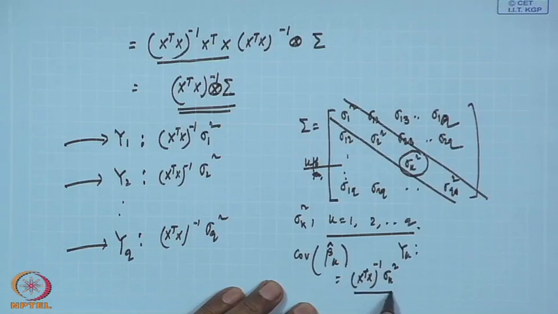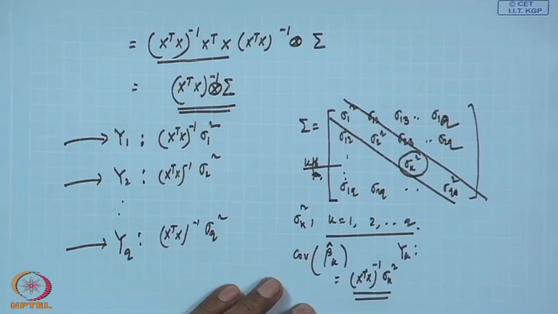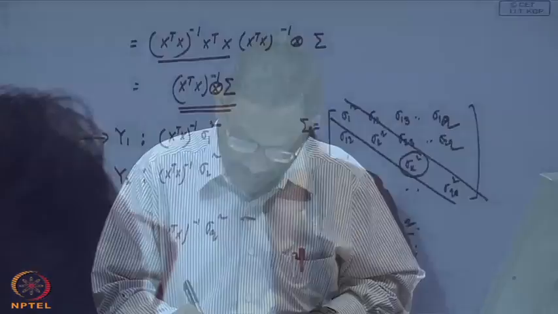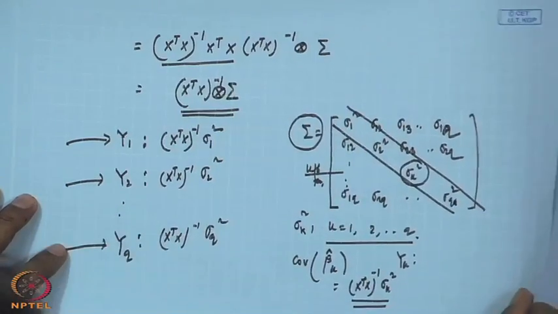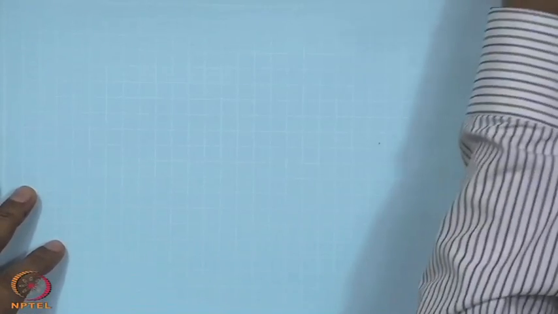That is what we have seen earlier also. But the question is that capital sigma is not known, so how do we understand what this sigma is?